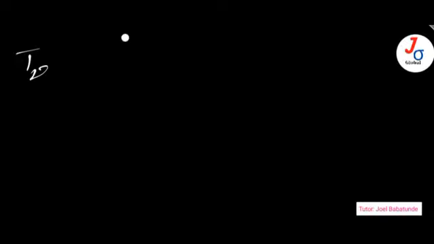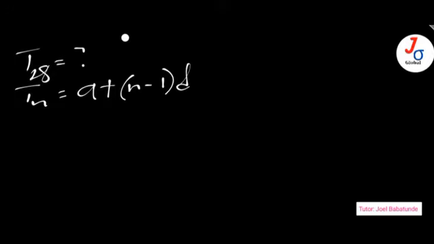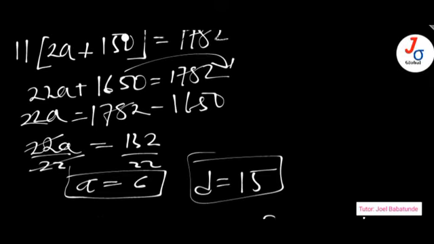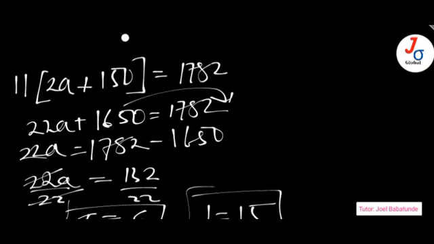So we are looking for the 28th term. So remember that the nth term of an AP is actually A plus n minus 1 d. So we're going to say T28 is actually equal to A. What's that A? We've calculated A before, it's 6, and D is equal to 15.